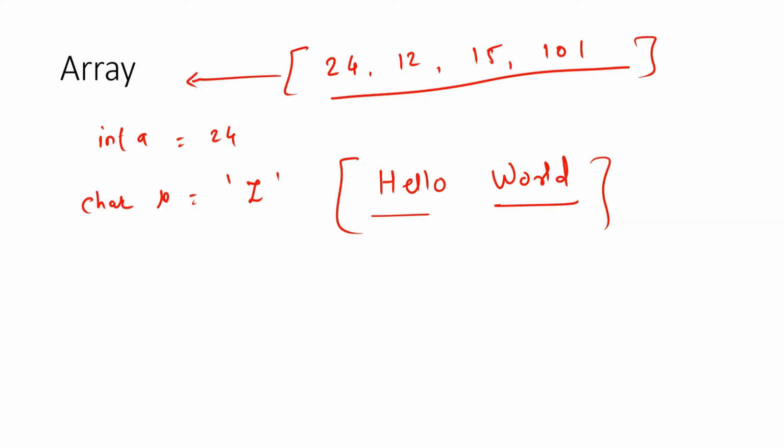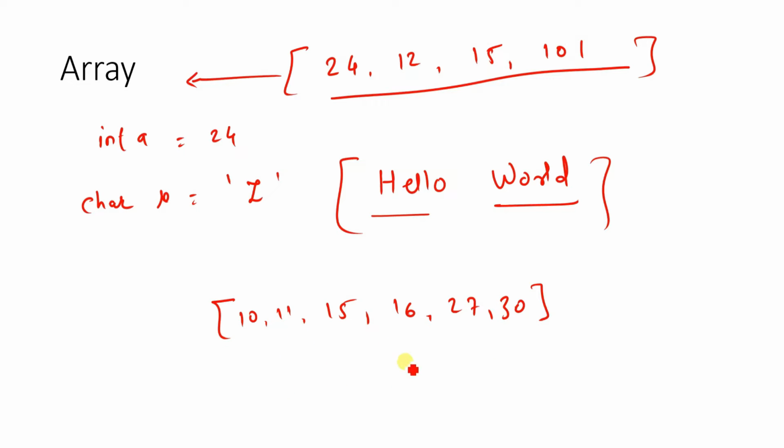Now, whenever you want to save multiple numbers or multiple data with just one variable, then what we do is we make use of array. Now, array is basically a collection of data. Just consider this like this simple opening and closing square bracket. And if there are a number of different numbers in it, then this is an array.